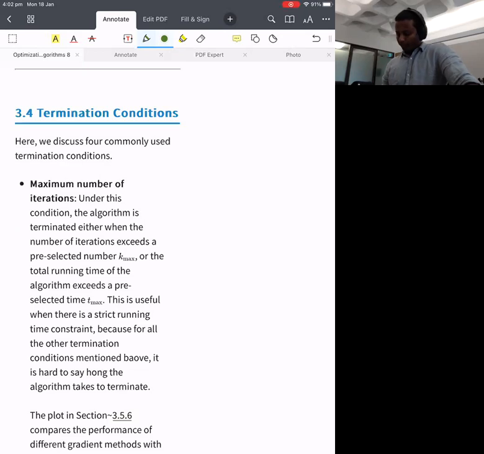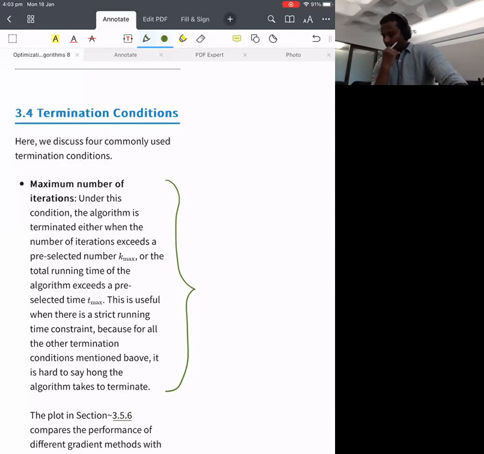So that is one criteria. Either we fix the number of iterations, or we fix the maximum amount of time, t max. Say we want to run the algorithm for 1 hour and terminate there, and then the number of iterations can be random in that case. No matter what is the case, we stop and we look at the output. And this is a very, in a way, blind way to do it.